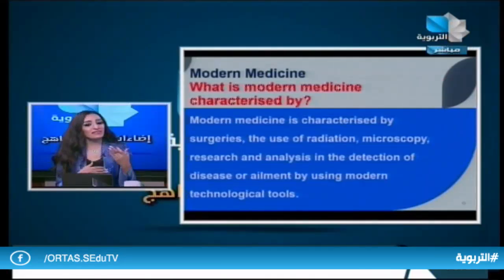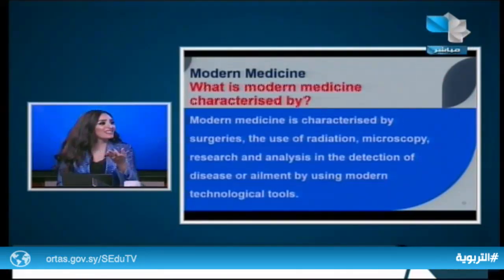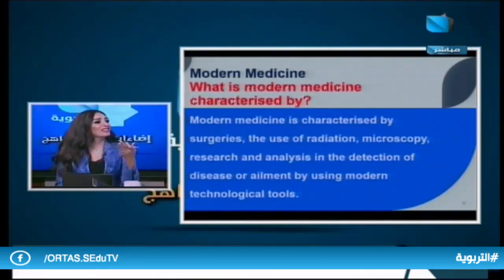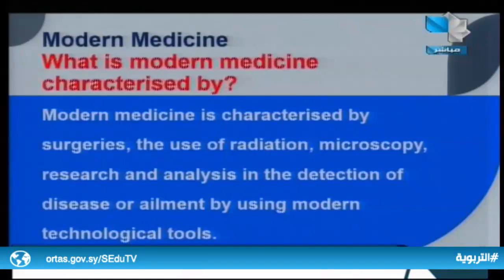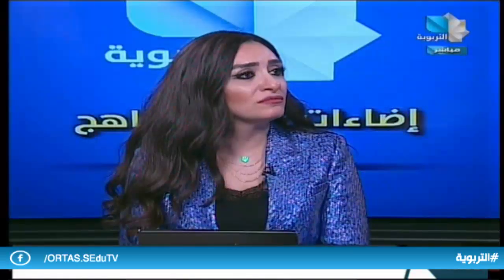This kind of development led to the future of surgeries and new ways of treating illnesses, like using robots, and something connected with engineering, like using artificial intelligence. Exactly. When we talk about robots, it is related to engineering.